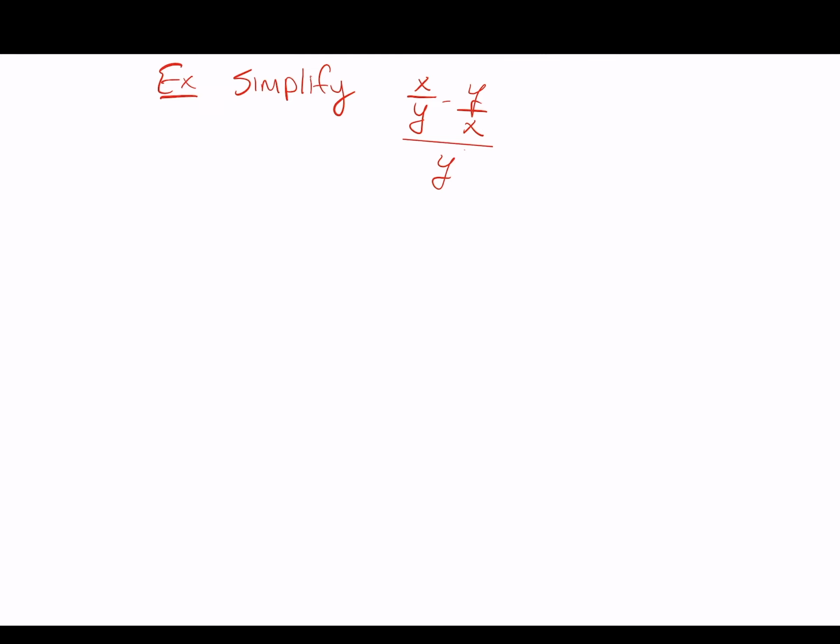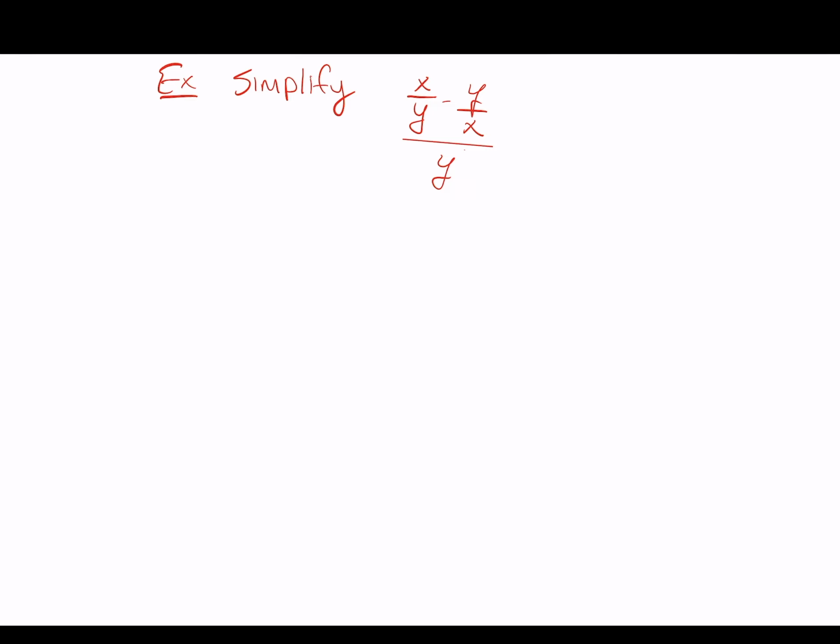Okay, so here we have x over y minus y over x, all over y, and we want to simplify this. So the first thing that we want to do, using the steps we discussed, is combine the expressions in the numerator into a single rational expression. So that means we need to find the least common denominator of x and y. Well, the least common denominator of x and y is x times y.